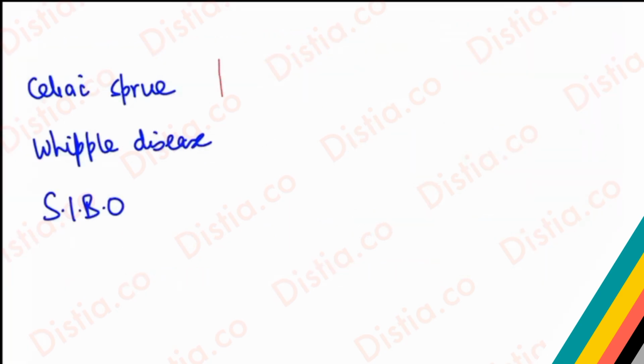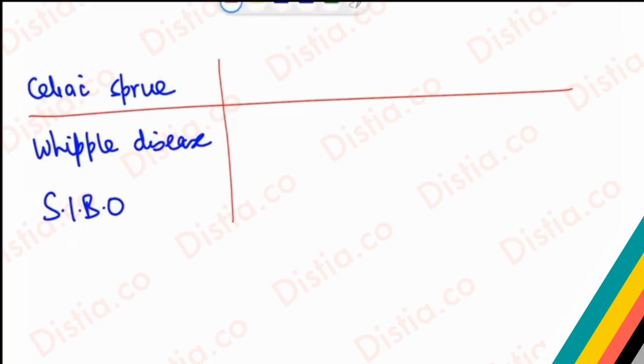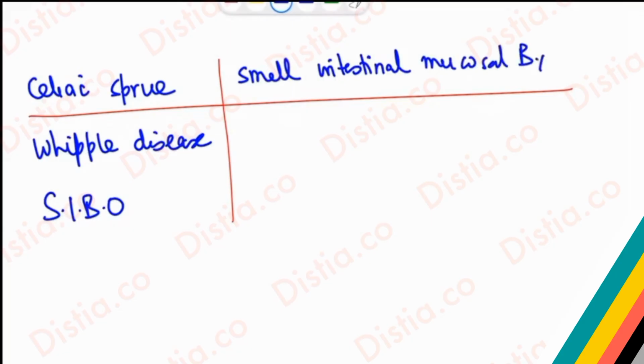I'll now quickly summarize the investigations that you have been taught for the following disorders. For celiac disease, the main test to be done is a small intestinal mucosal biopsy. It has to be repeated twice, before and after, and you can demonstrate the flattening versus the regeneration component, and therefore you are spot on in your diagnosis.